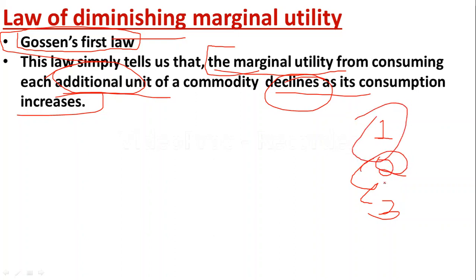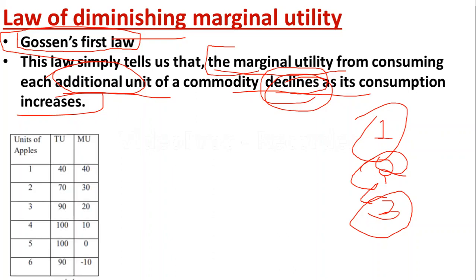Again, the utility derived from the third mango is less than from the second mango. In this way, as the consumer goes on consuming additional units of a commodity, marginal utility goes on decreasing. This is known as the law of diminishing marginal utility. We can also study this by using this table here, with TU meaning total utility and MU meaning marginal utility.